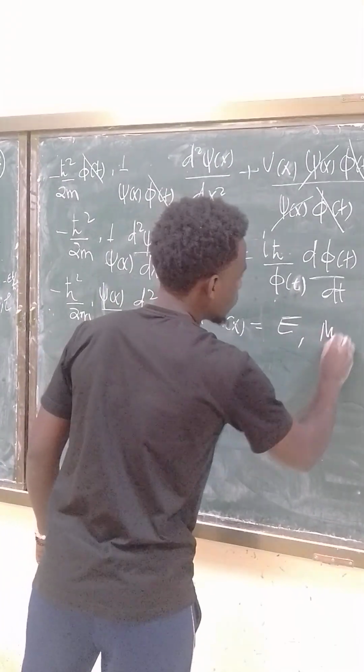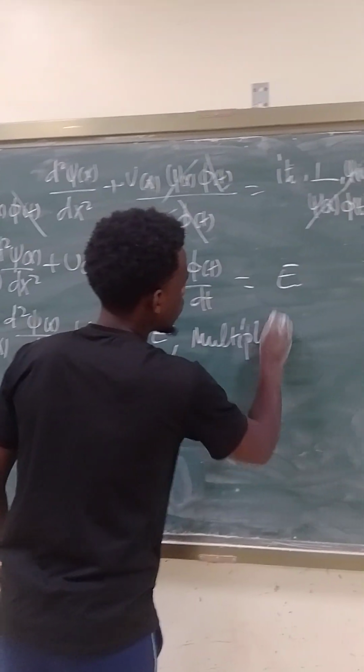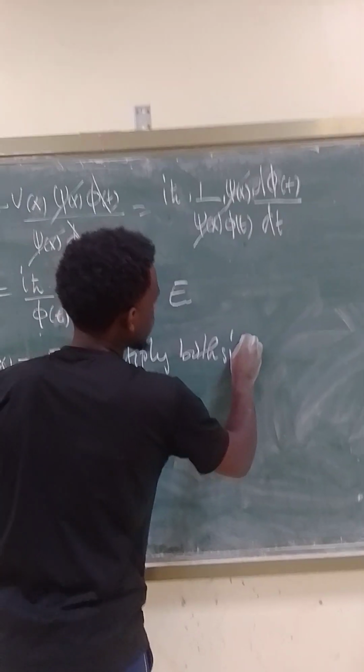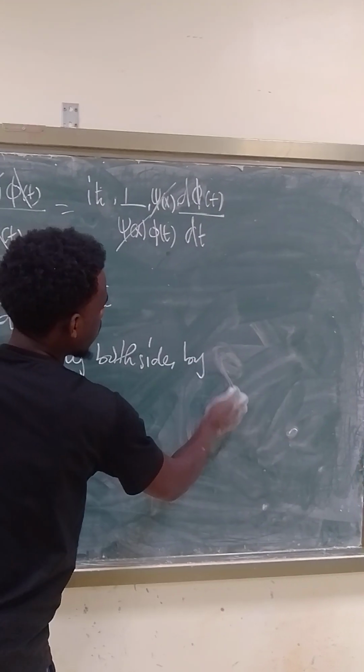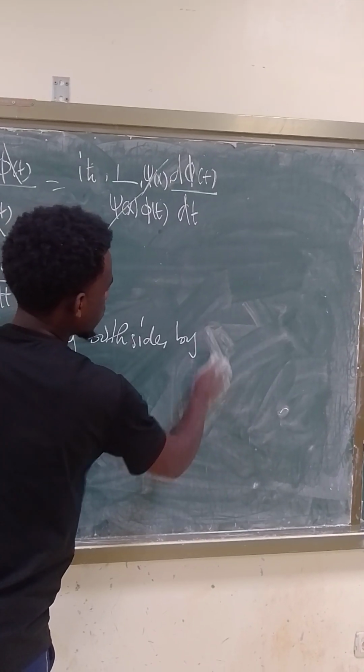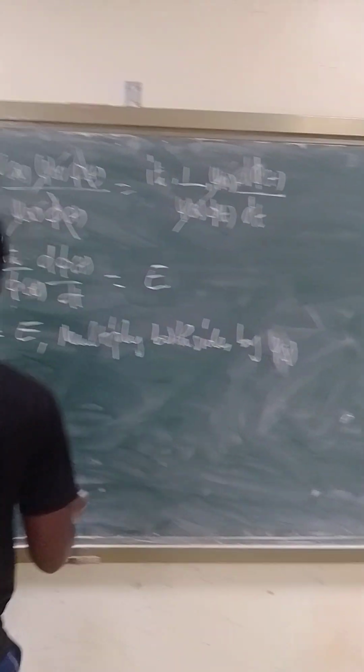So now we can multiply both sides by psi of x.